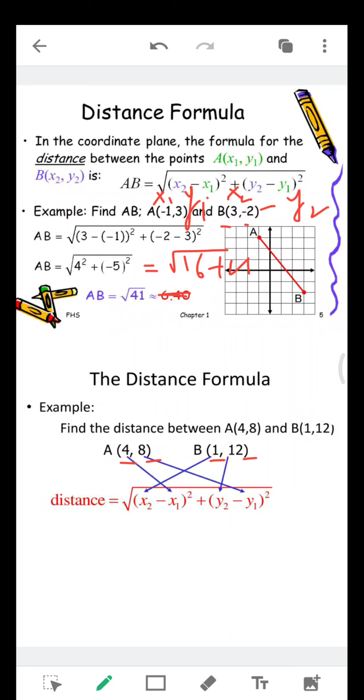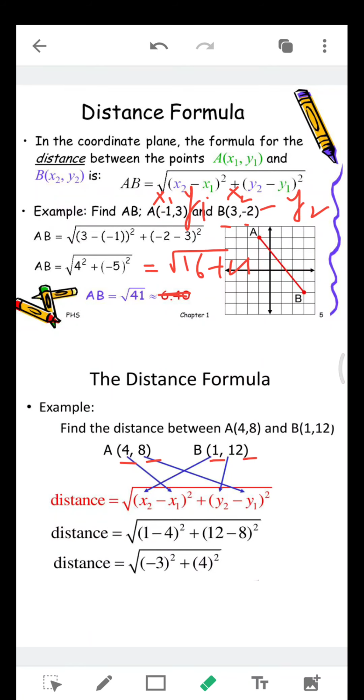Then substitute in the formula again. So x2 minus x1, what is x2 minus x1? x2 minus x1 is 1 minus 4, yeah, 1 minus 4 whole square, and y2 minus y1 is 12 minus 8 whole square. 1 minus 4 is minus 3 and 12 minus 8 is 4.